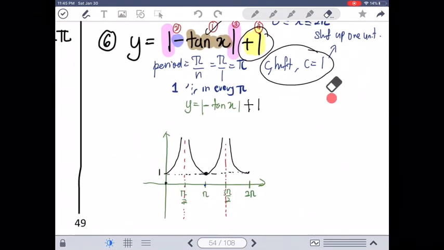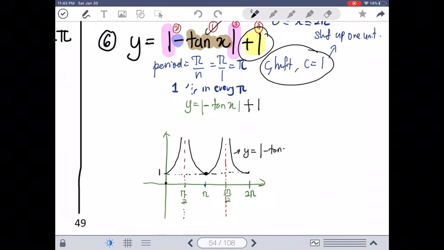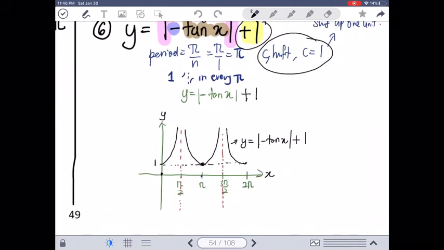So this is what your graph looks like finally. This is just the graph of y equals modulus of negative tan x, plus 1. So it's your final product.